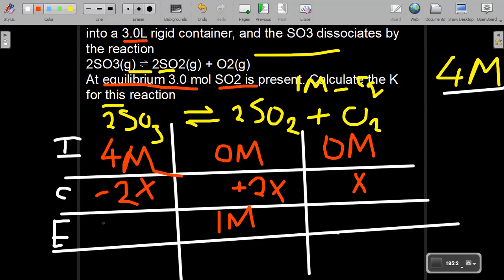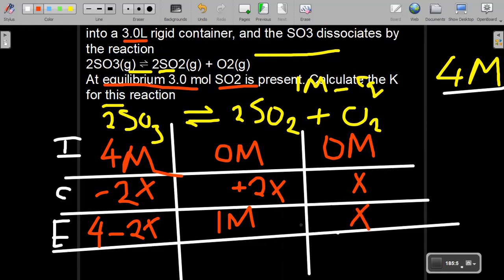Okay, no questions. So for the equilibrium concentration, we just have to add the change to the initial concentration. Adding 4 and negative 2x will just be 4 minus 2x. Then for the other parts, it will just be 0 plus x, which will just be x.